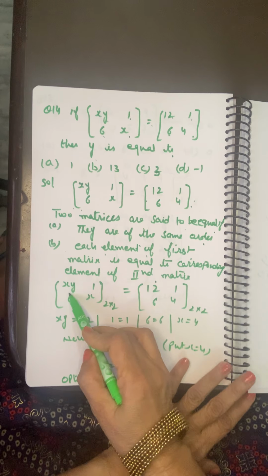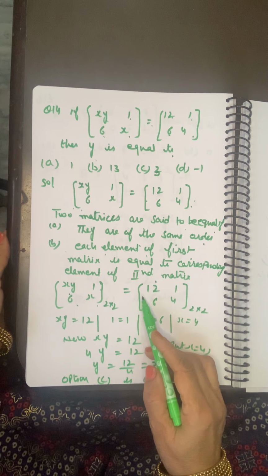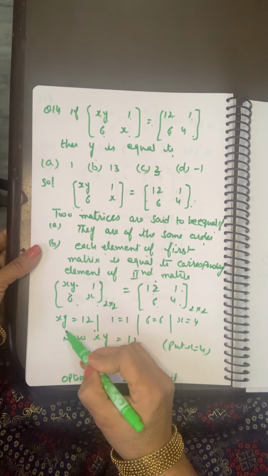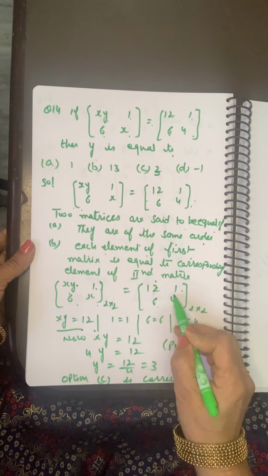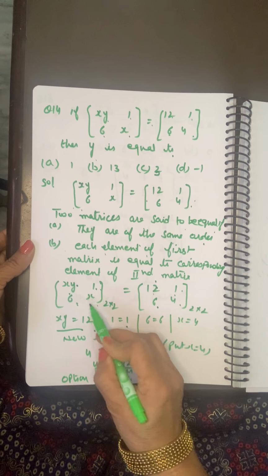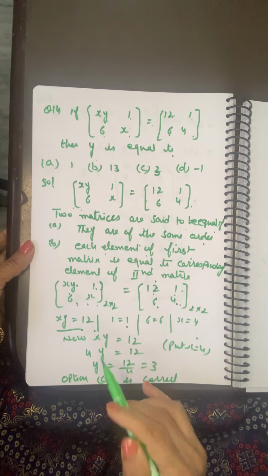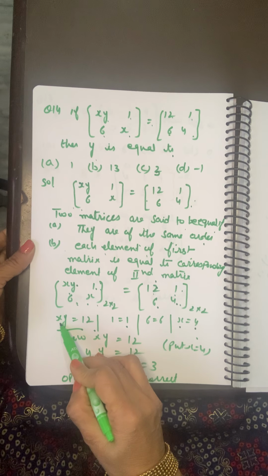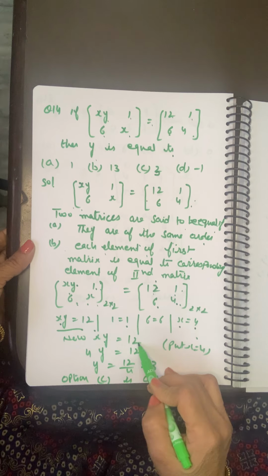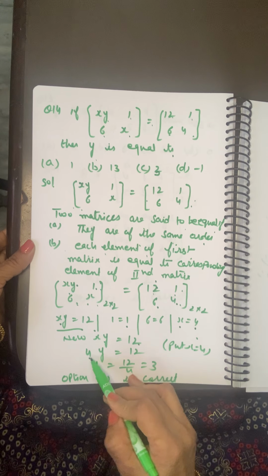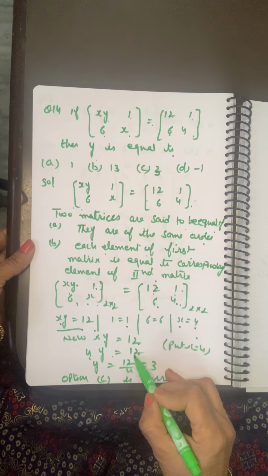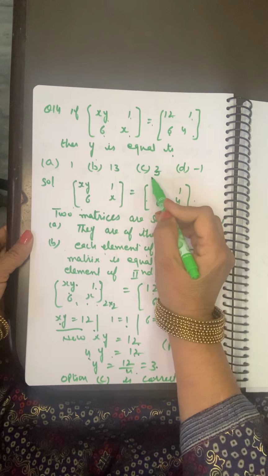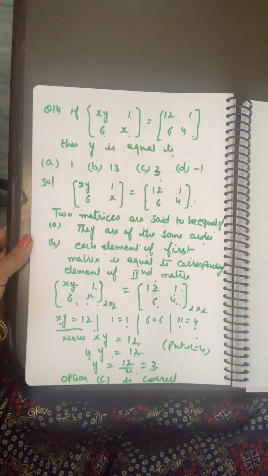So xy equal to 12, 1 equal to 1, 6 equal to 6, x equal to 4. Here the value of x is 4. Put x equal to 4 in xy equal to 12: 4y equal to 12, y equal to 12 upon 4, that is 3. Option C is correct, the answer is 3.